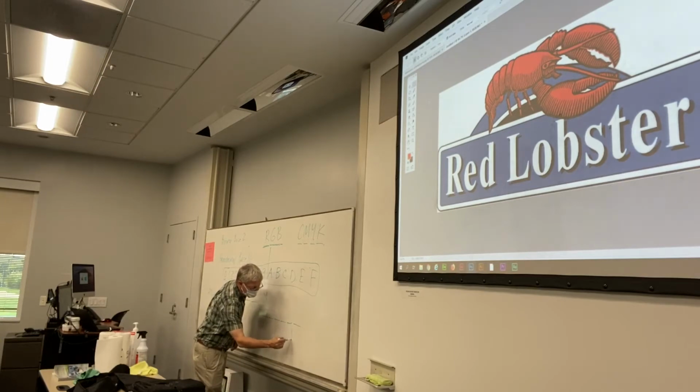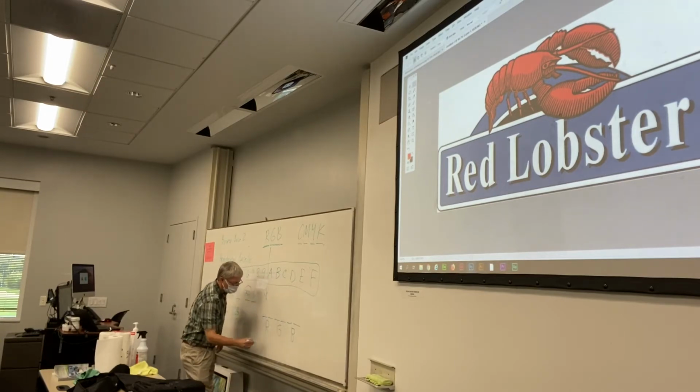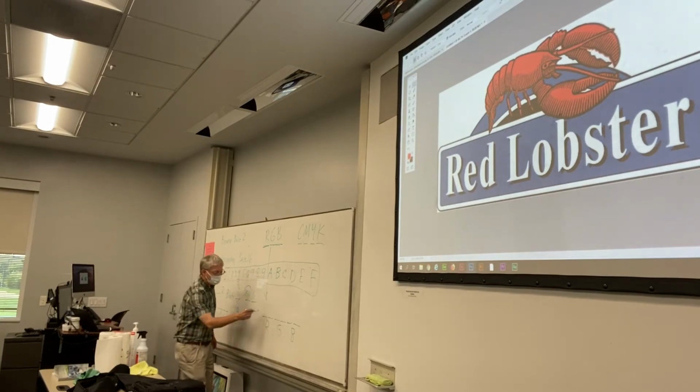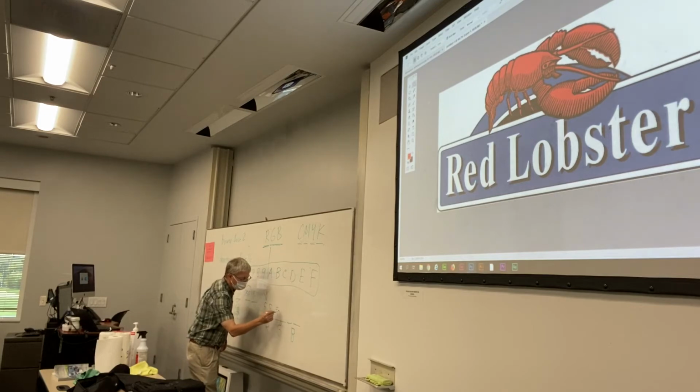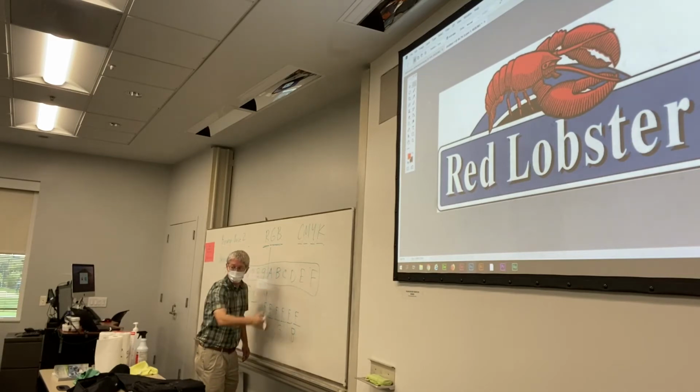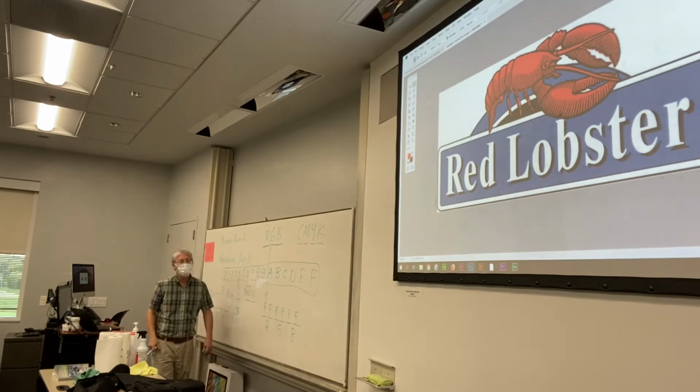This is the blue, this is the green, and these are the red. So if you have a number like this, that's the highest possible, the strongest light, the most light coming out.